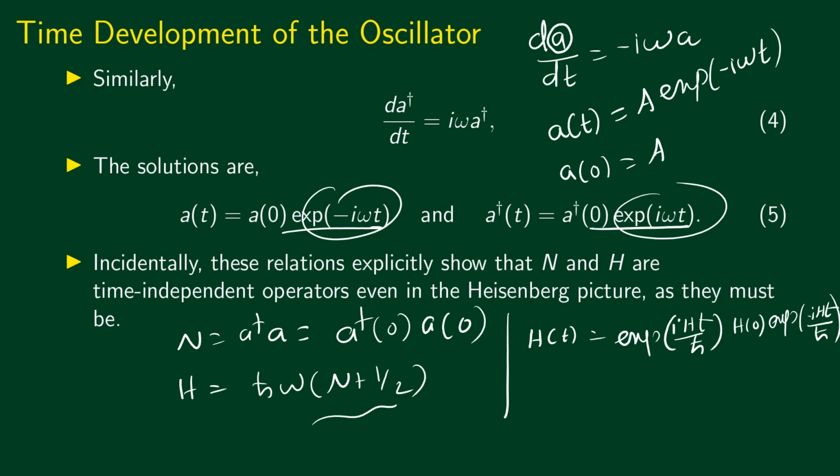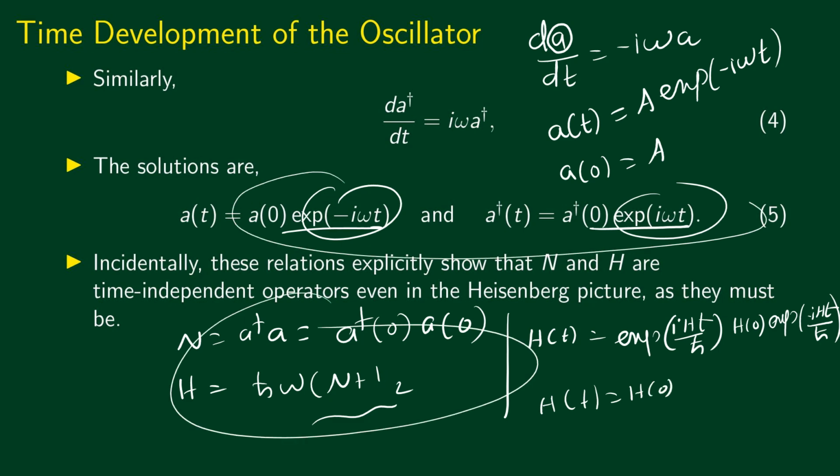The H appearing here is evaluated at t equal to 0, which means that exponential iHt divided by ħ and H(0) commute. So we should get H(t) is equal to H(0), and that's exactly what we see here. From here also we see that the Hamiltonian itself is time independent even in the Heisenberg picture.